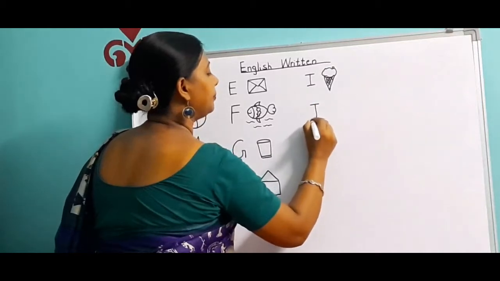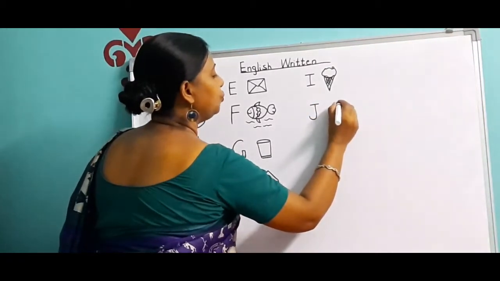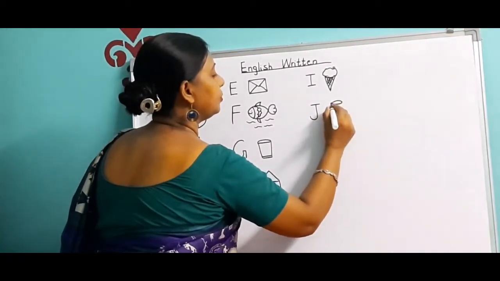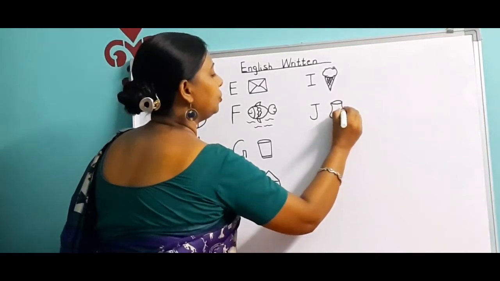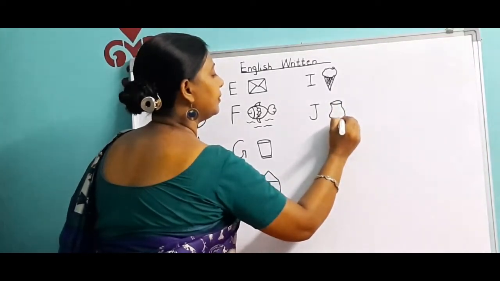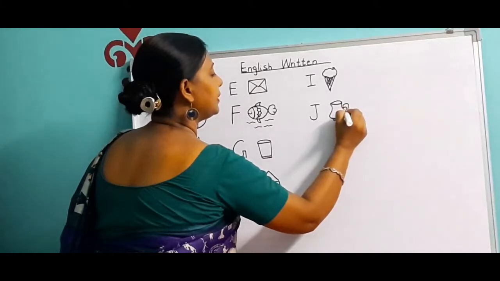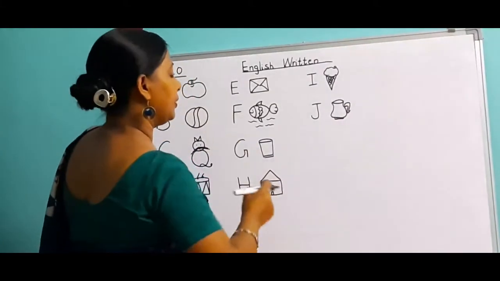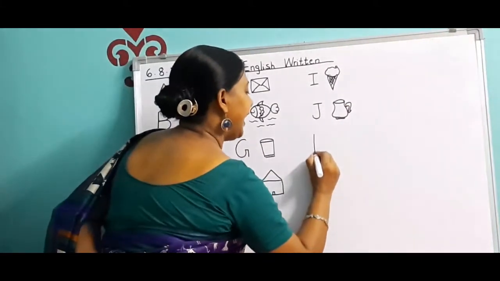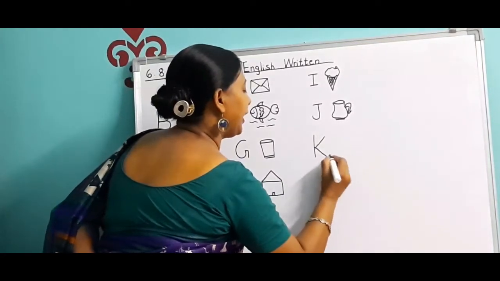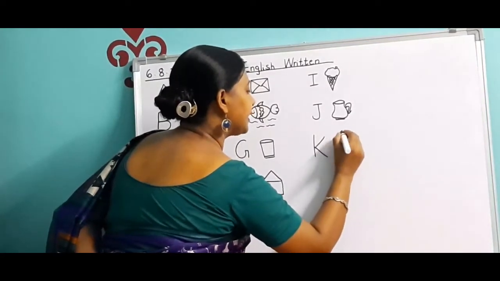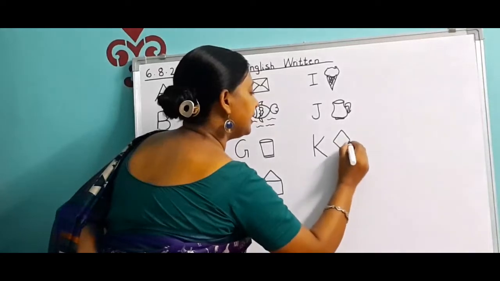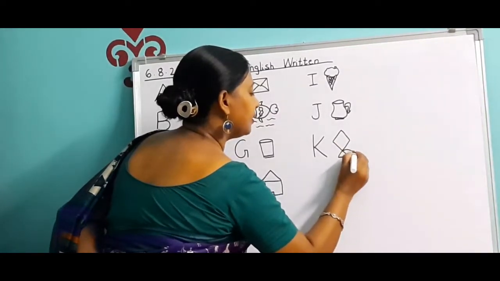J for jug. This is a jug. After J comes K. K for king. K for kite. Okay.